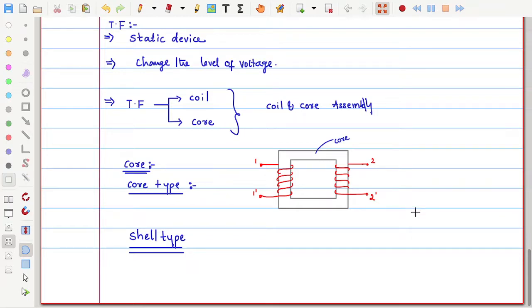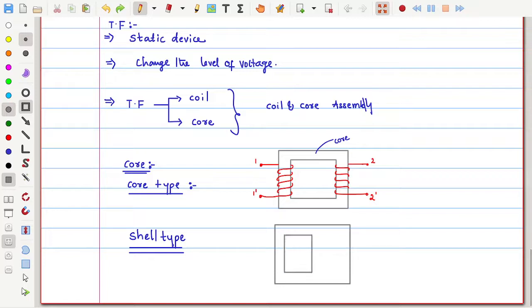In case of shell type, let me take a big rectangle shape, and inside it I'll take two small rectangles, and one more rectangle like this.